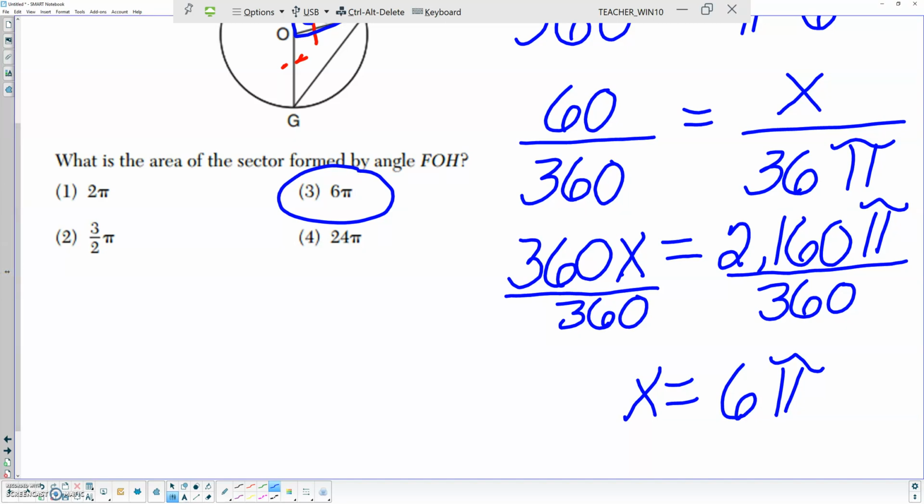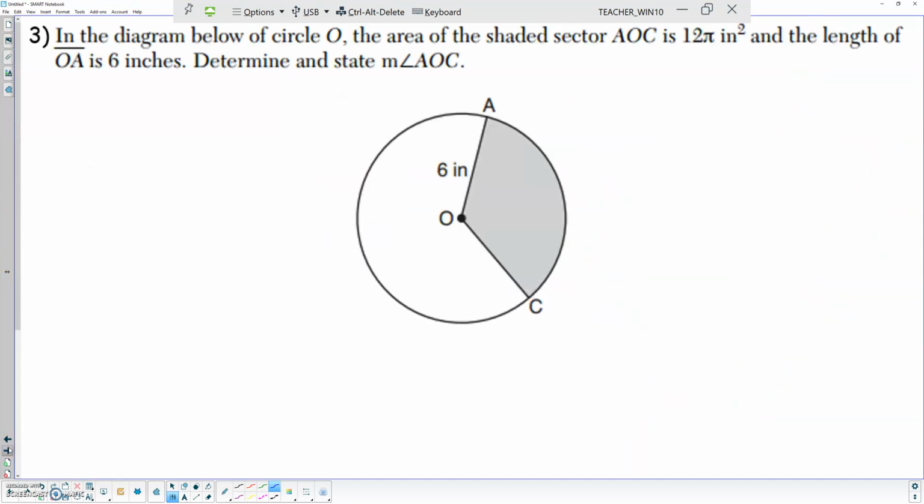Take a look at the third example. In the diagram below of circle O, the area of the shaded sector is 12 pi, and the length of OA is 6 inches. Determine and state the measure of angle AOC. This one's a little bit different because they're asking us to find the central angle, and they actually give us the area of the shaded sector.